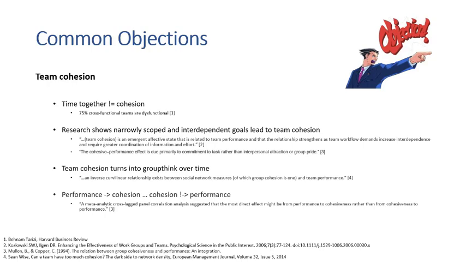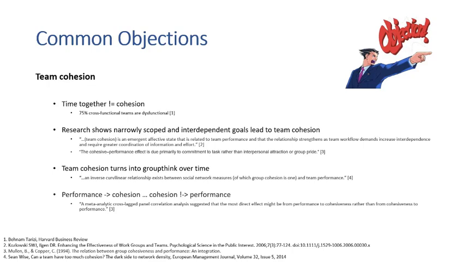Okay. And another quote that I got, and this is going to blow some people away: the cohesive performance effect is due primarily to commitment to task rather than interpersonal attraction or group pride. Quite often we think about cohesion as this external force that's acting upon us, and that if we have enough team builder exercises we'll get better performance. That's simply not the case.